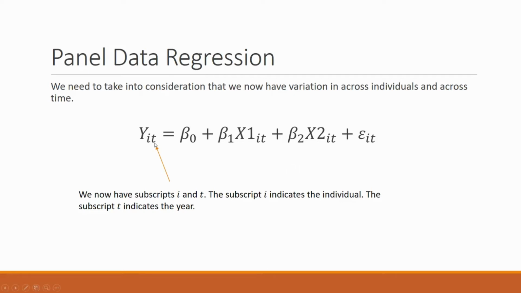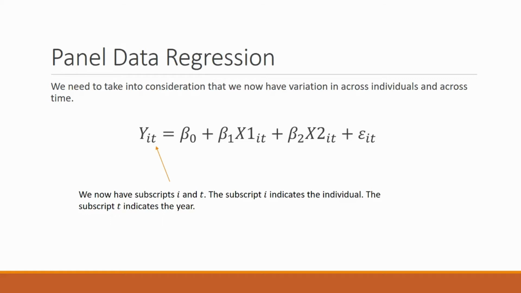But what's new here is the introduction of this second subscript, t. Here, t indicates the year. All right, so now we have subscript i for individual and subscript t for year or time.